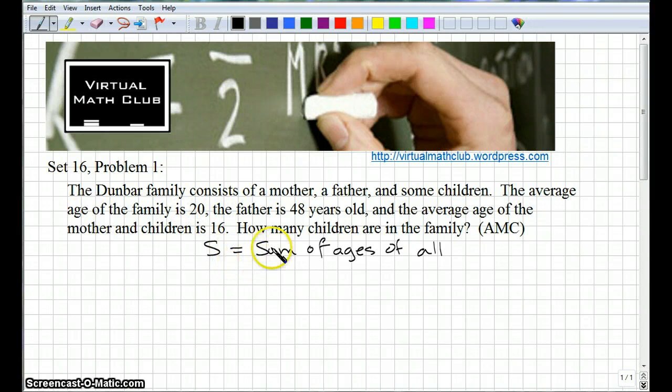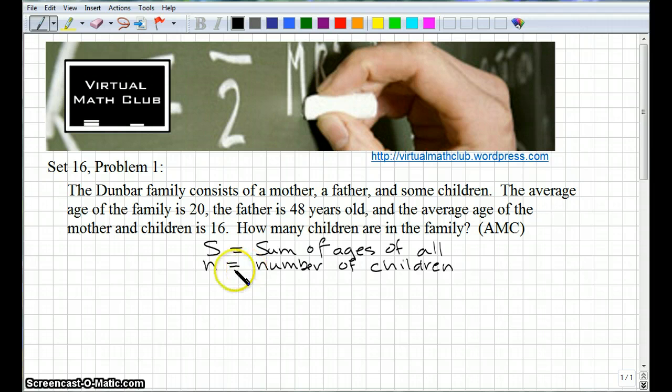Okay? Now that's another thing we don't know. We don't know the number of people in the family. So I'm going to define another variable, but instead of defining it as the number of people in the family, I'm going to define it as the number of children. Okay? So I'm going to say n is the number of children. And that's just more for convenience because that's what they ask for.